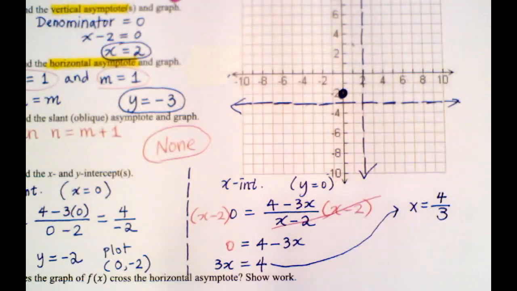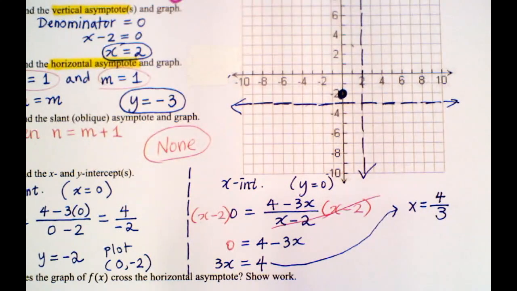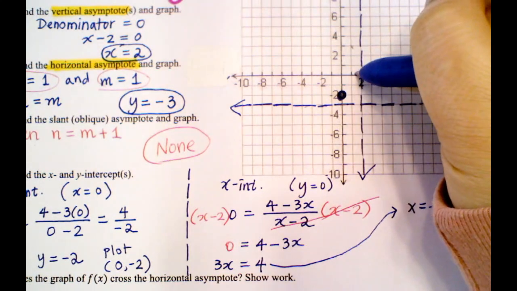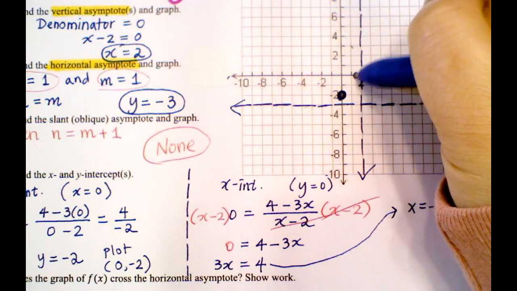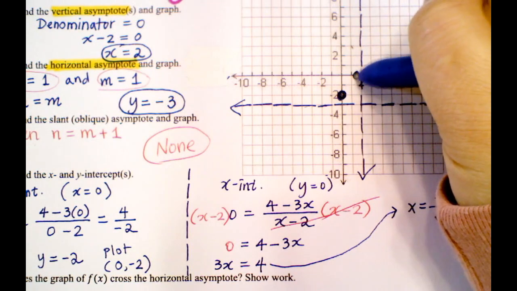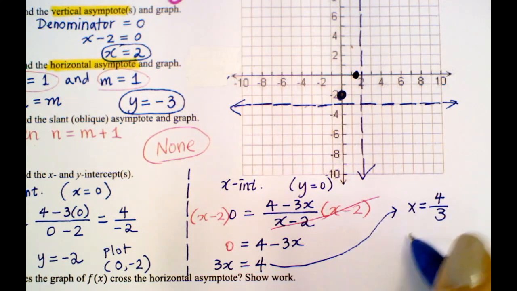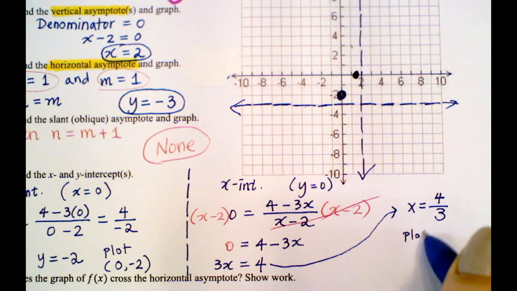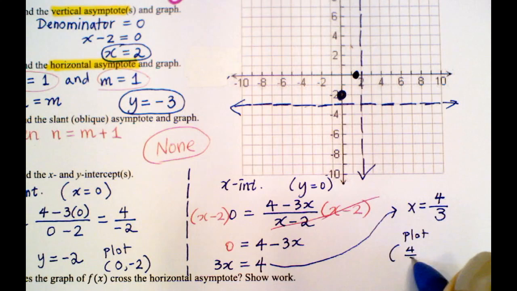Now I'm going to plot this. 4 over 3 is approximately 1.33333. So I'll do my best. 1 to the right, and I'll probably just plot something that's in between 1 and 2, something like that. That looks good. Okay. So the x-intercept is at 4/3 and 0.